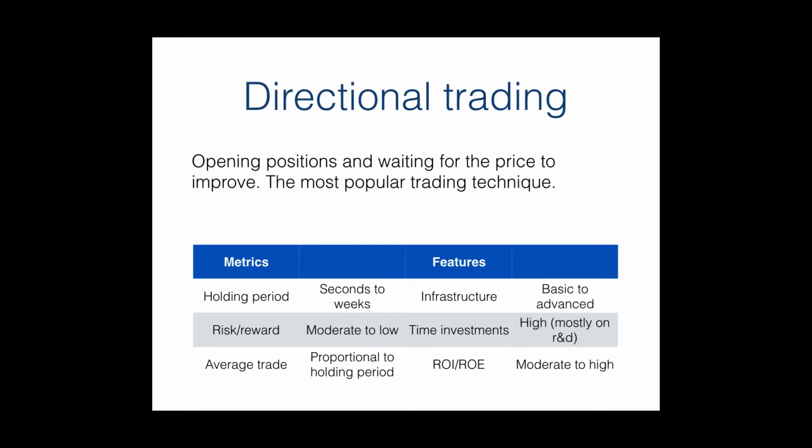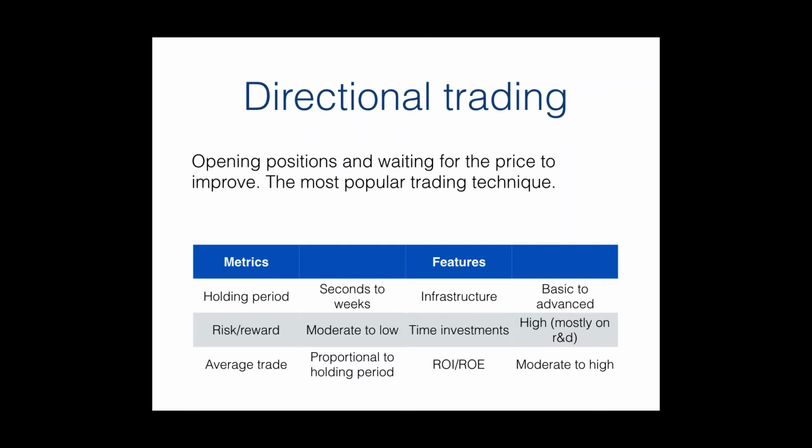Directional trading. This is something that is most popular among retail traders, not only retail traders. This means opening positions and waiting for the price to improve. And again, let's look at the metrics. The holding period varies in a very, very wide range, seconds to weeks.